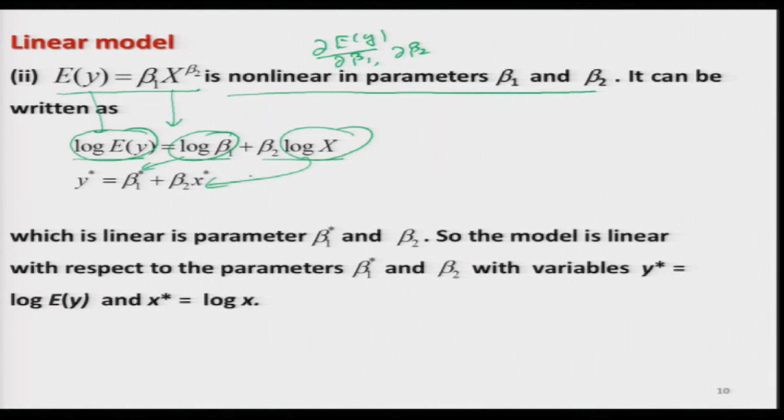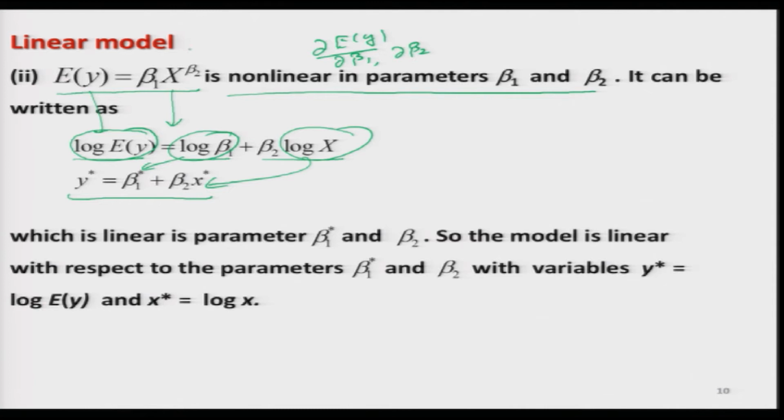So, now if you try to differentiate this function with respect to beta 1 star and beta 2, then they will be independent of the parameters, but here you have to be careful.